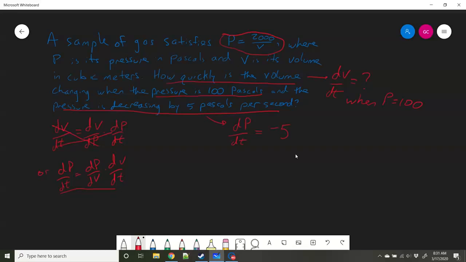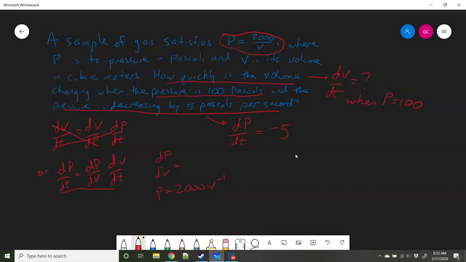Okay, so with this equation up here and these pieces of information here in red, that's everything we need to solve this problem. So, what is the derivative of P with respect to V? Well, in this case, the easiest way is to rewrite P as 2000 times V to the negative first power.